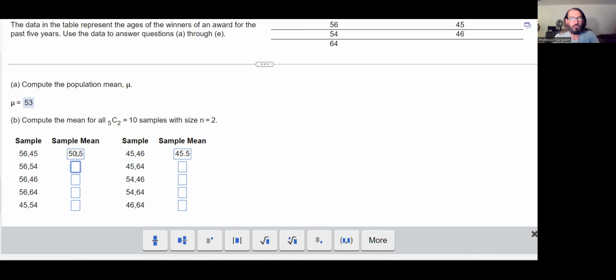56 and 54 are 2 apart. Halfway in between is 55. These are 19 apart, so 9.5. 10 apart, halfway in between, 5 more than 46 or 5 less than 56. These are 8 apart, halfway in between. 50 is 4 apart from each of those.